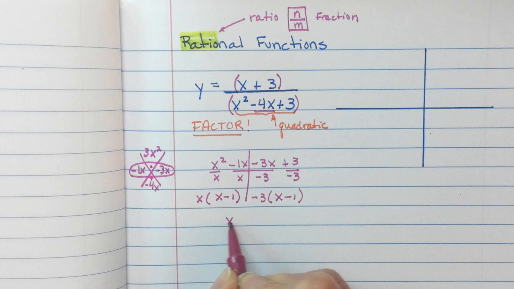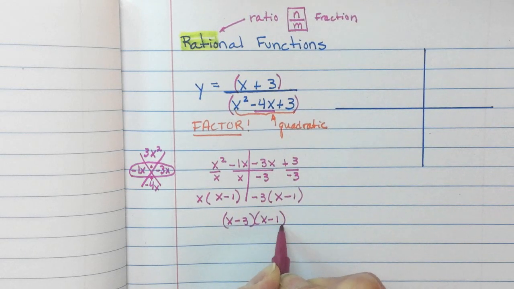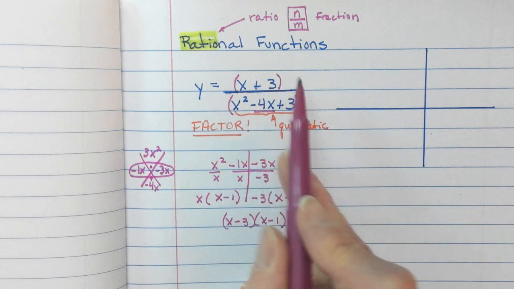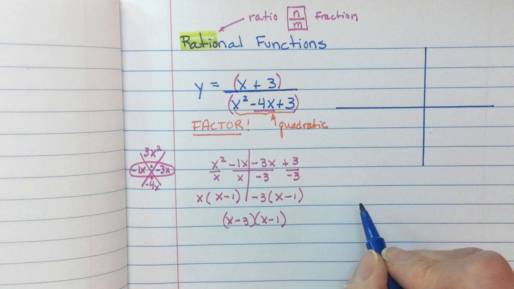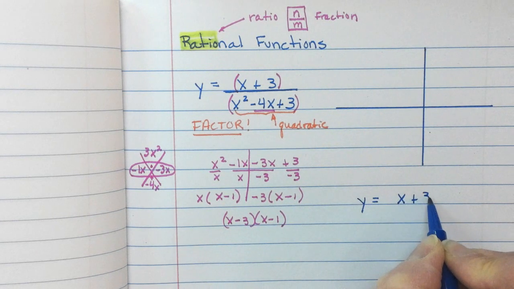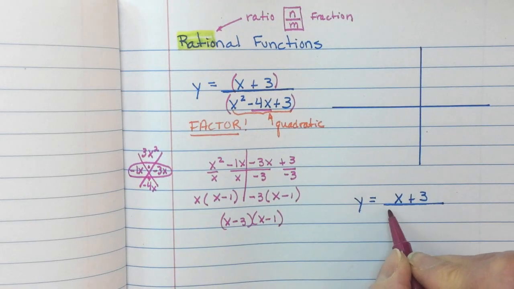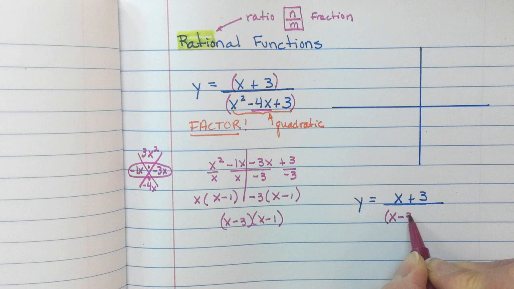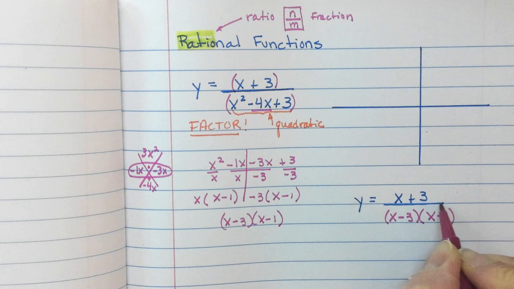So my factors are x minus 3, x minus 1. So I'm going to rewrite my rational function to be y. My numerator has not changed, but my denominator is now factored. So I have x minus 3, x minus 1.